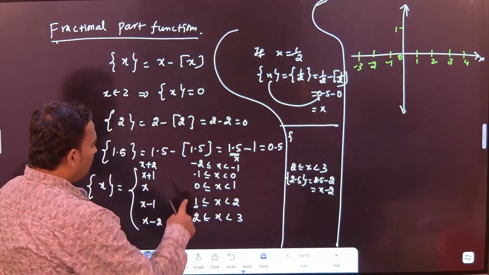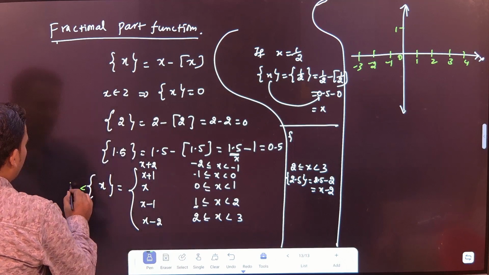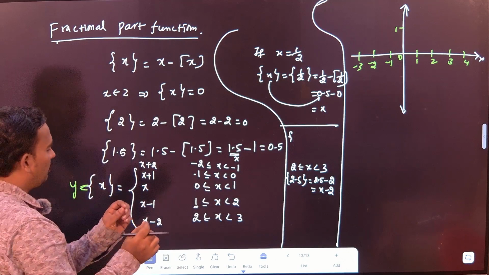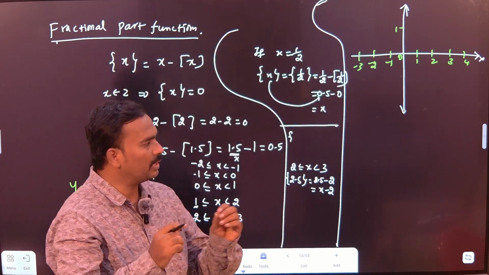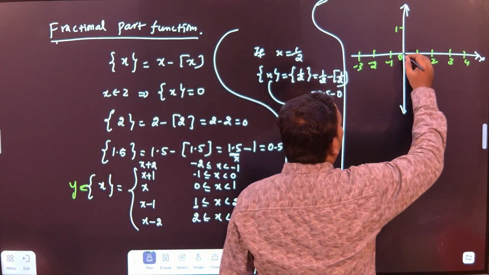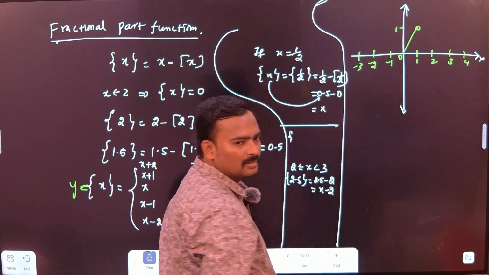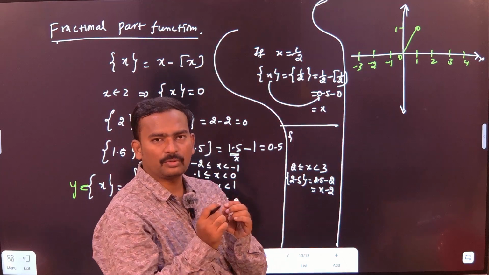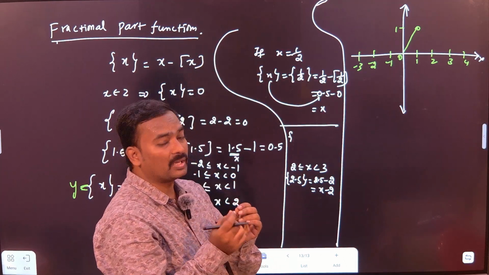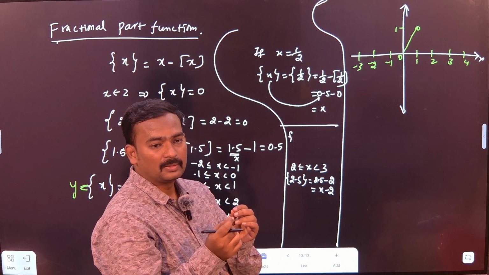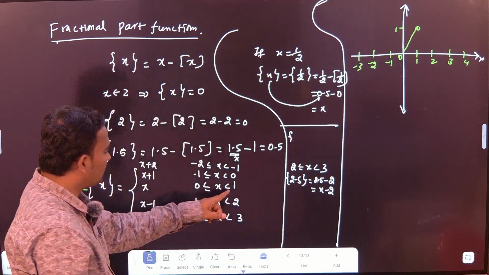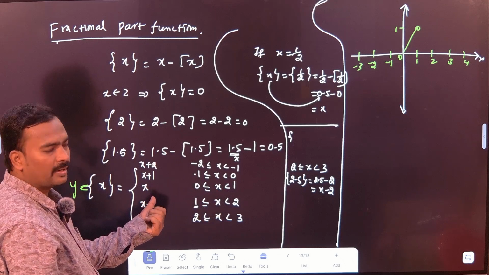You know that from 0 to 1, this is y equal to x. You know how to draw y equal to x, right? This one, correct? So y equal to x passes through the origin, but you should not take 1, right? Because here it is strictly less than 1, you cannot include it.